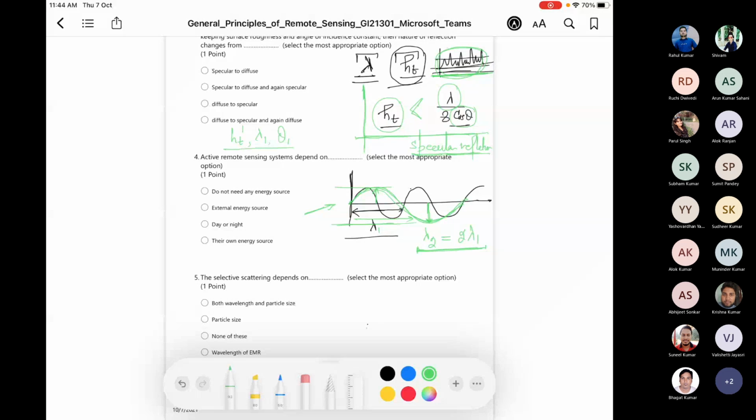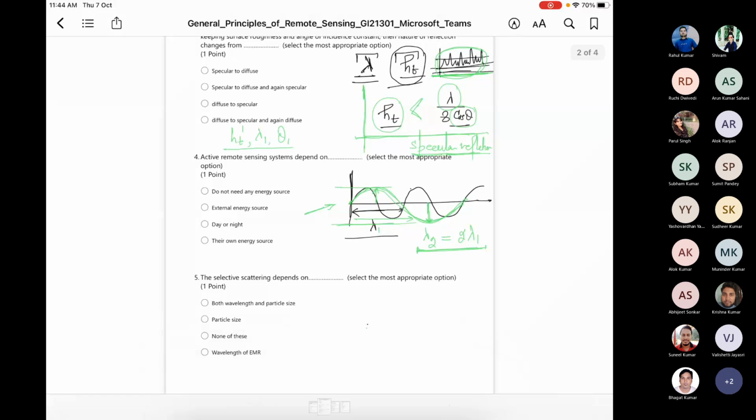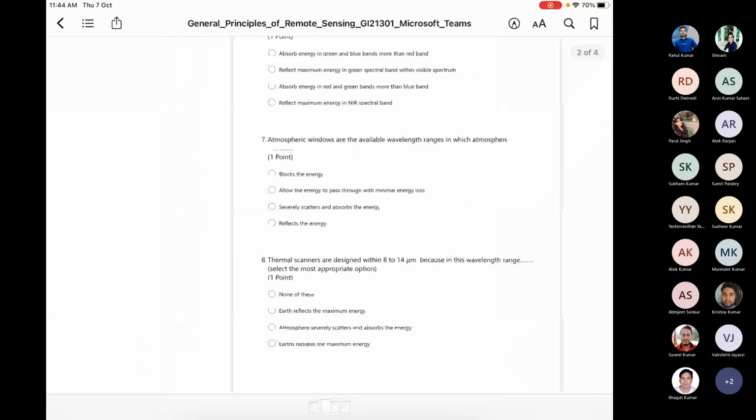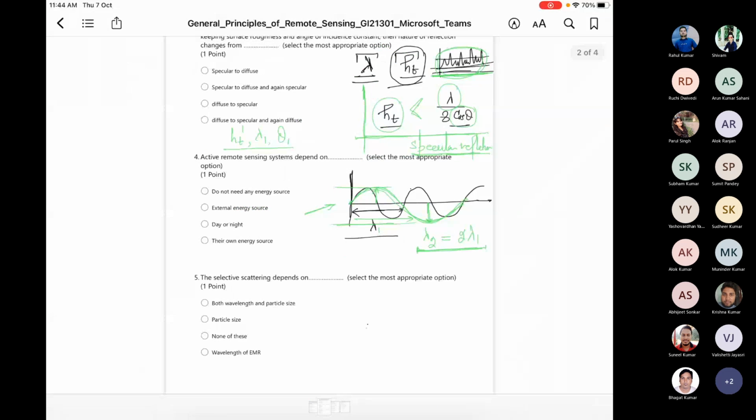They are fixed, they are given. With the combination of these three variable values, the surface is specular. It means this HT is less than lambda by 8 cos theta, it is satisfied. If wavelength is monotonically decreasing, keeping surface roughness and angle of incidence constant.